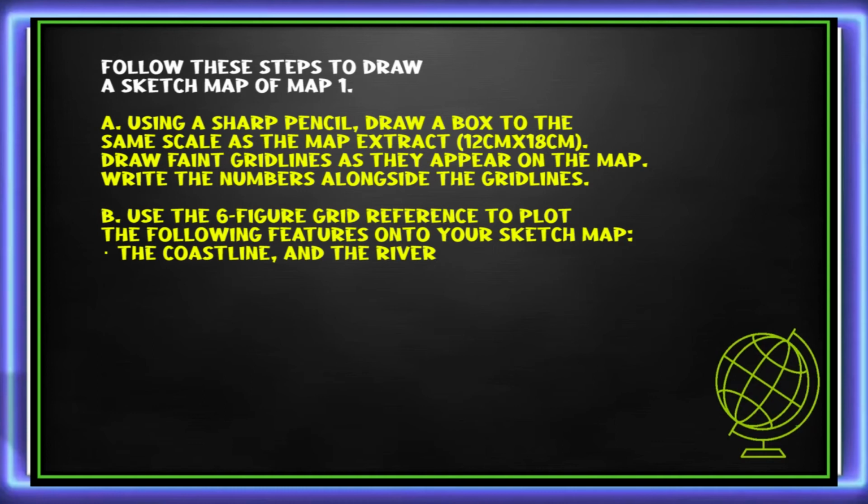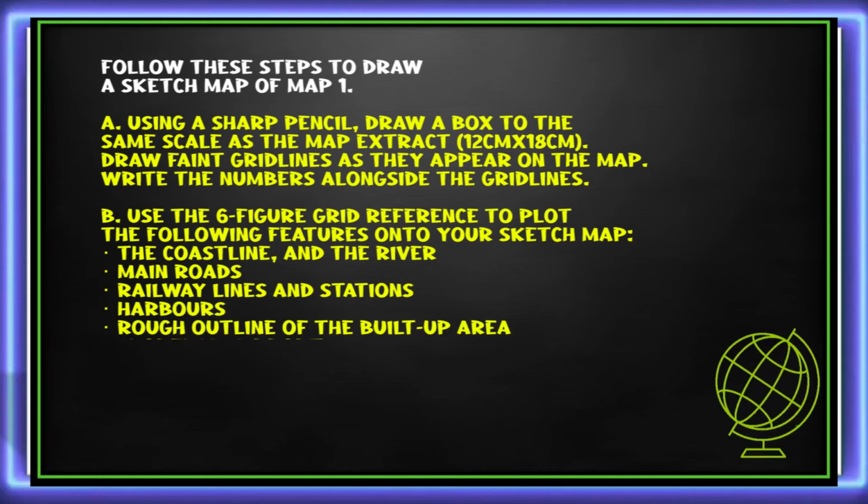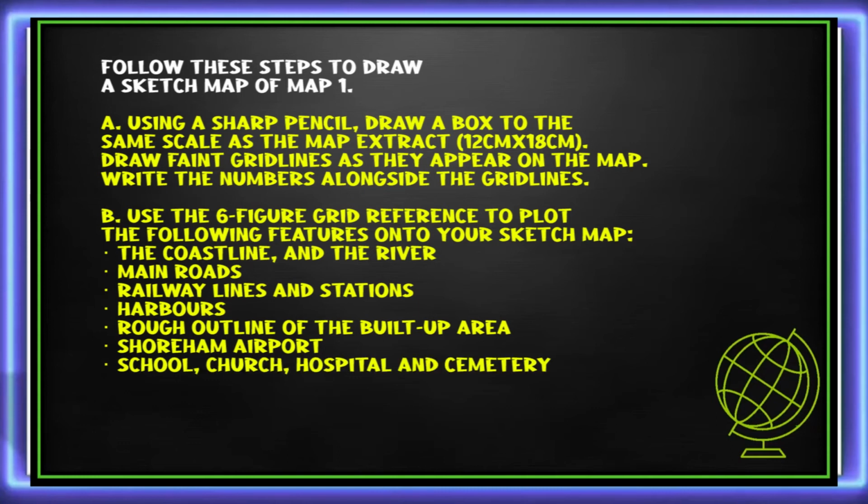You're going to plot the coastline and the river, main roads, railway lines and stations, harbors, rough outline of the built-up area, Shoreham Airport. Let's just call it that for now. Or you can do your own airport, whatever floats your boat. And you can even plot a school, a hospital, and a cemetery.